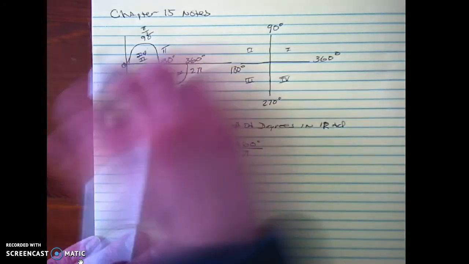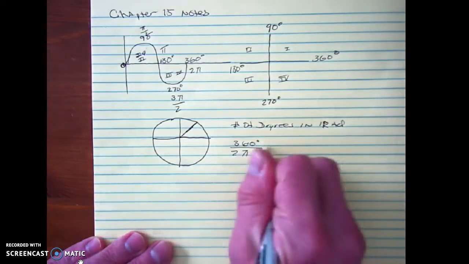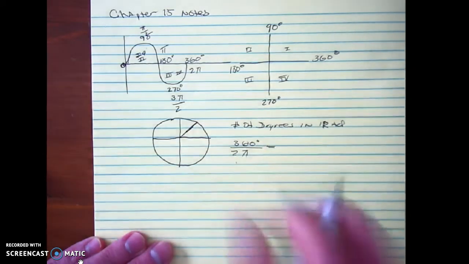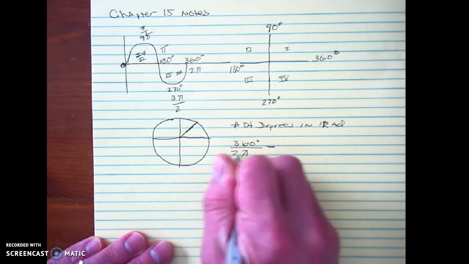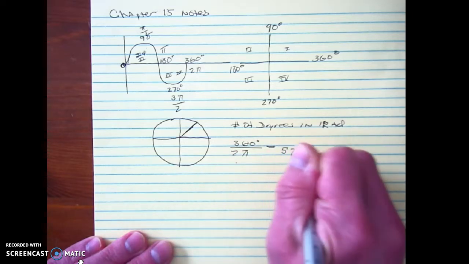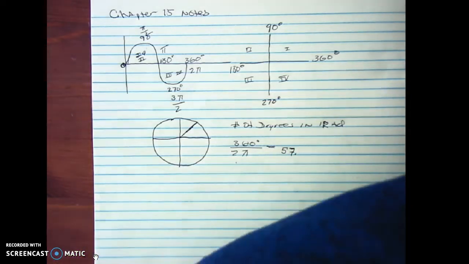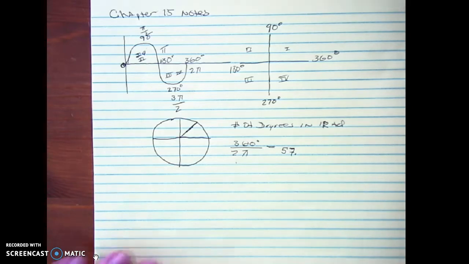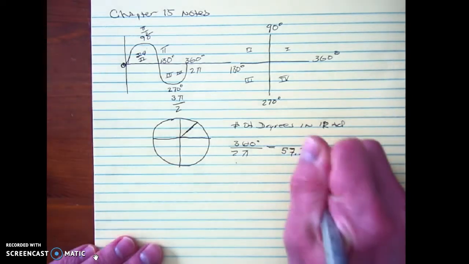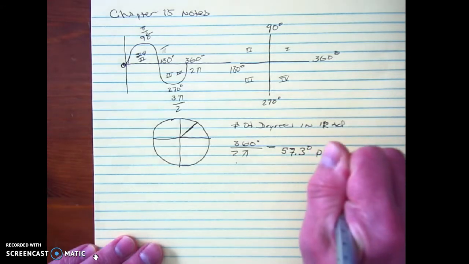So 360 to form 1 full waveform, and degrees per radian. If we take 360 divided by 2 pi, we come up with 57.3 degrees per radian.